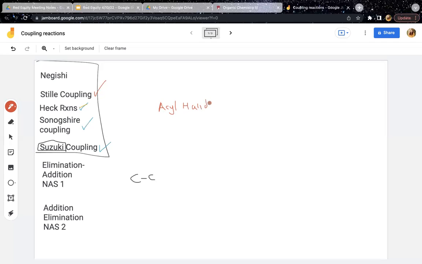I'm just going to type it. Okay, so it's just an aryl halide plus a metal catalyst equals a coupled reaction, pretty much. So that is what that is.